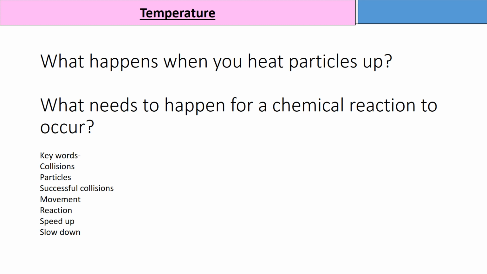Currently I've got a piece of paper in front of me, but it is not bursting into flames every time an oxygen atom hits it, because those oxygen atoms are not hitting my piece of paper with enough energy. If I give those oxygen atoms enough energy, so that they've got the activation energy, then chemical reactions will start to occur because there'll be successful collisions between my piece of paper and the oxygen atoms in the air in order for burning to occur.